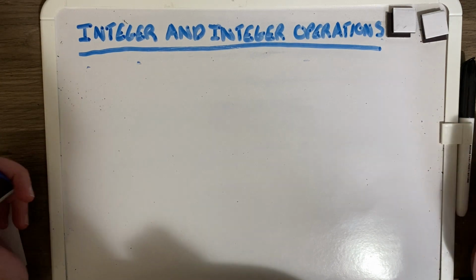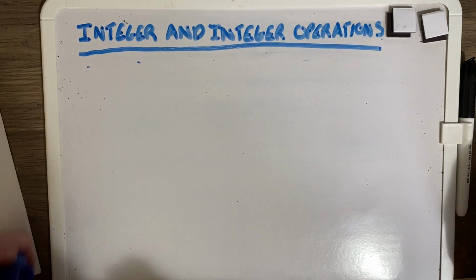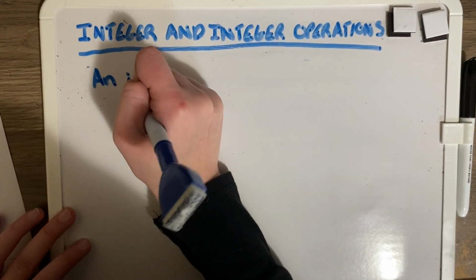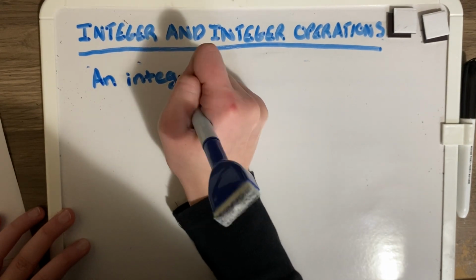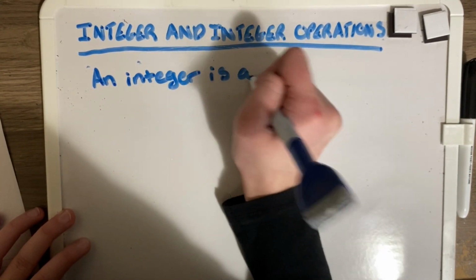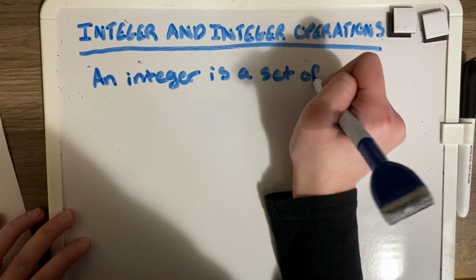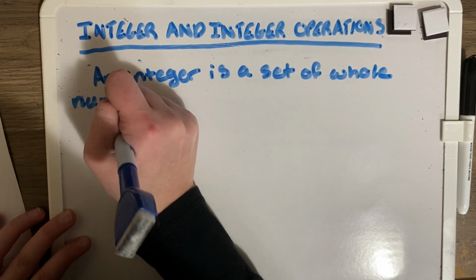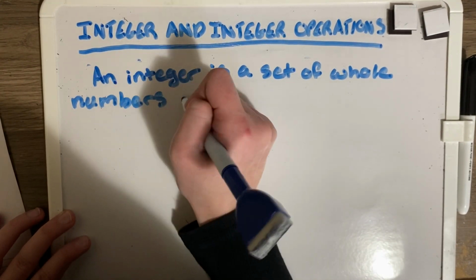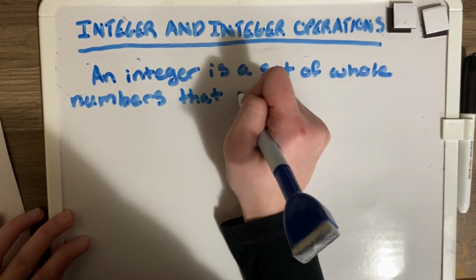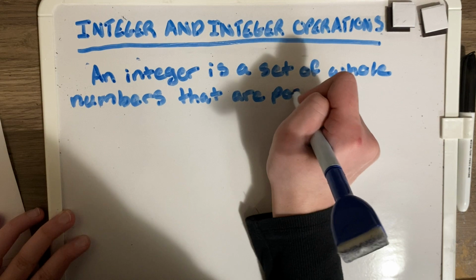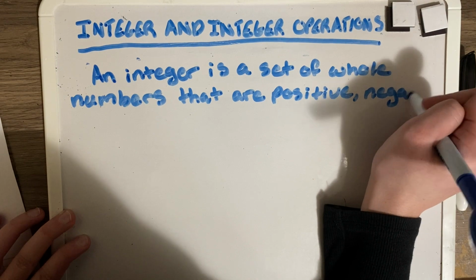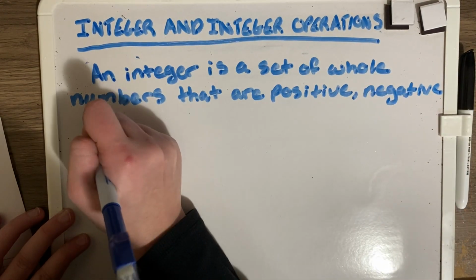This video is about integers and integer operations. First off, we'll start with the definition. What is an integer? An integer is a set of whole numbers that are positive, negative, or 0.